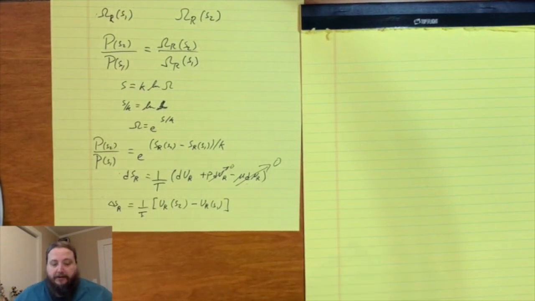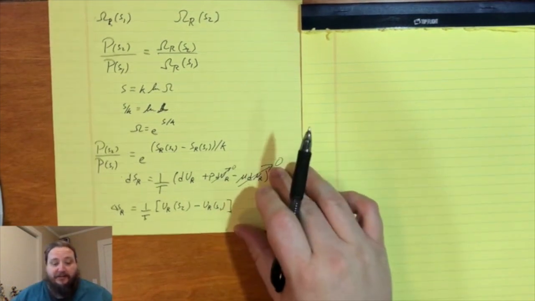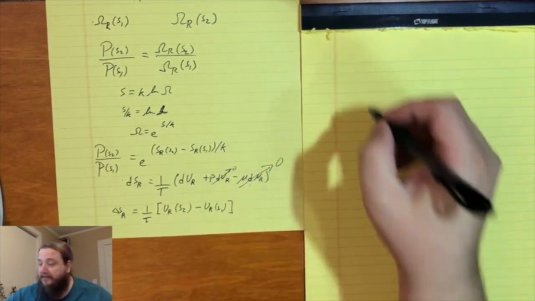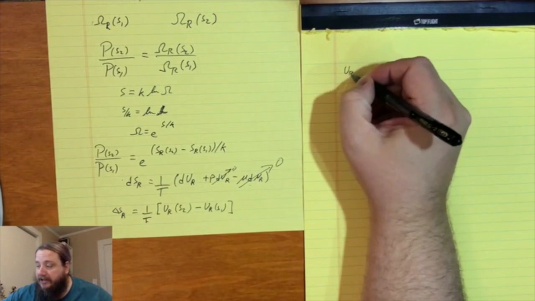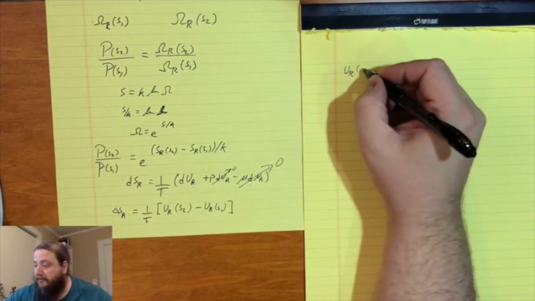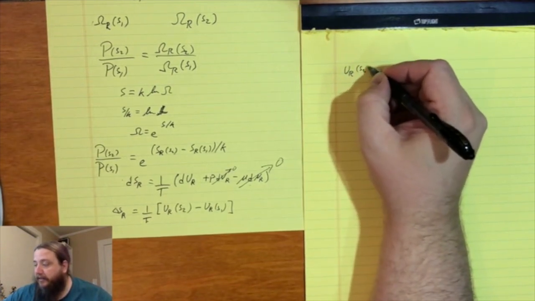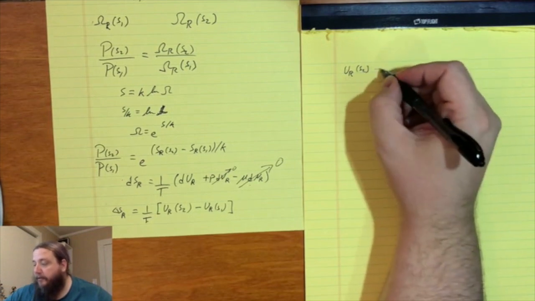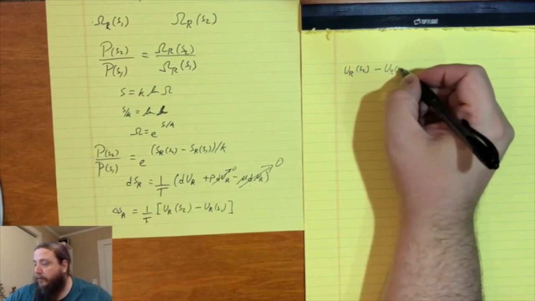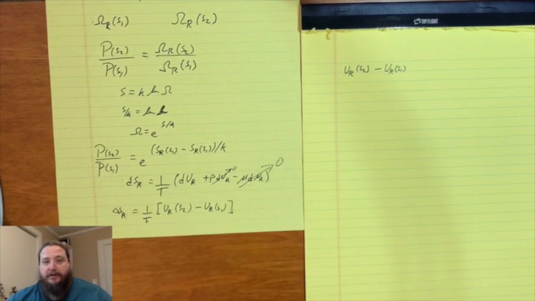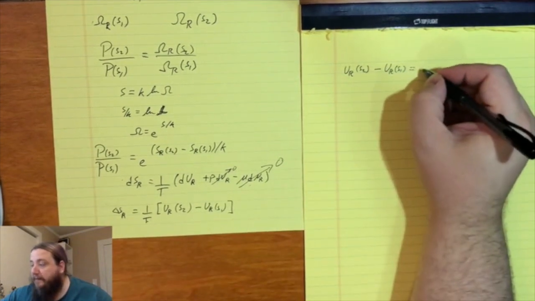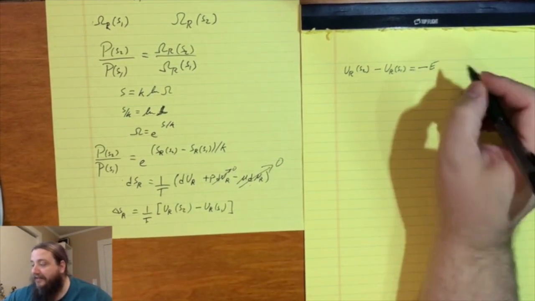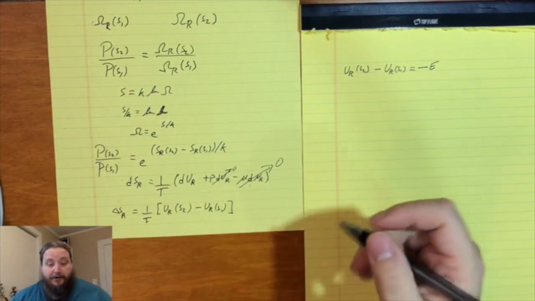And in particular, since the energy exchange is between the atom and the system, the change in the energy of the reservoir when we go from state 1 to state 2 must be the opposite of the change in the energy of our atom.